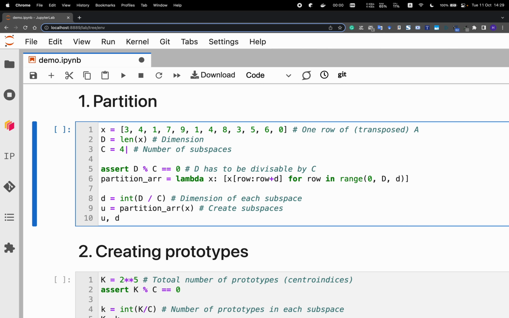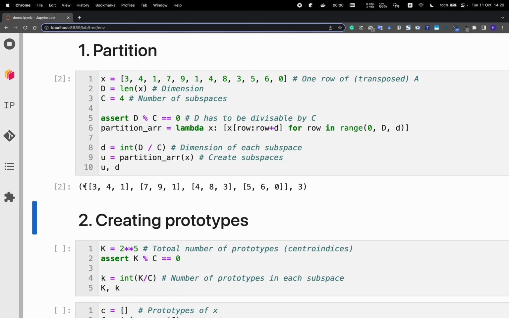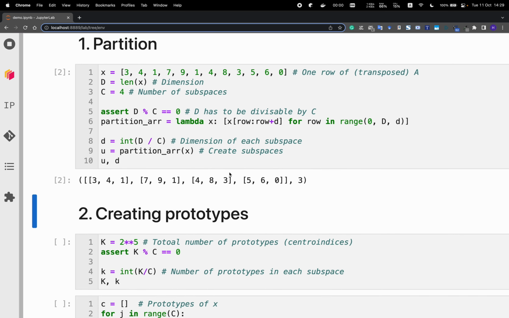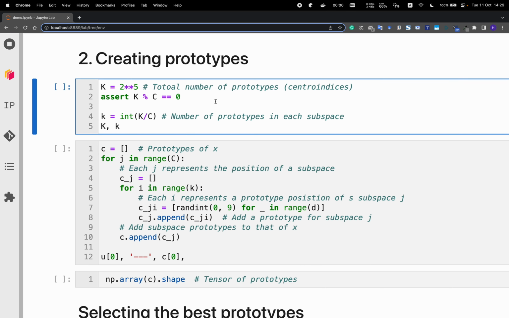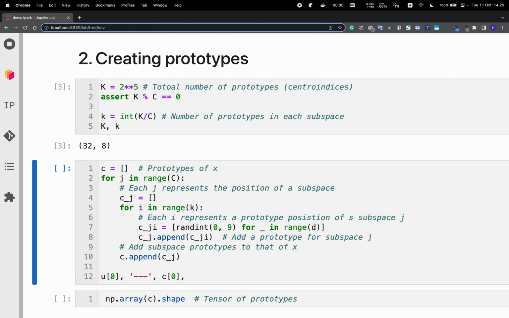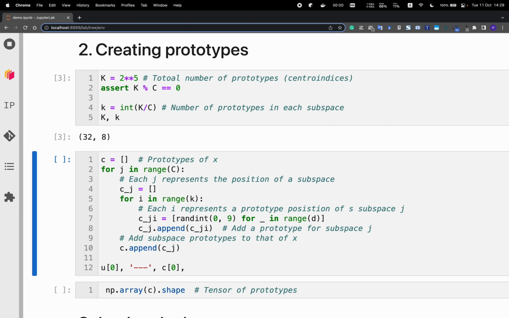So we have 4 subarrays, and for each subarray the dimension is 3. The next step is to do k-means, or find centroids, as the approximation. In total we want 32 prototypes, and for each subspace we have 8 prototypes.